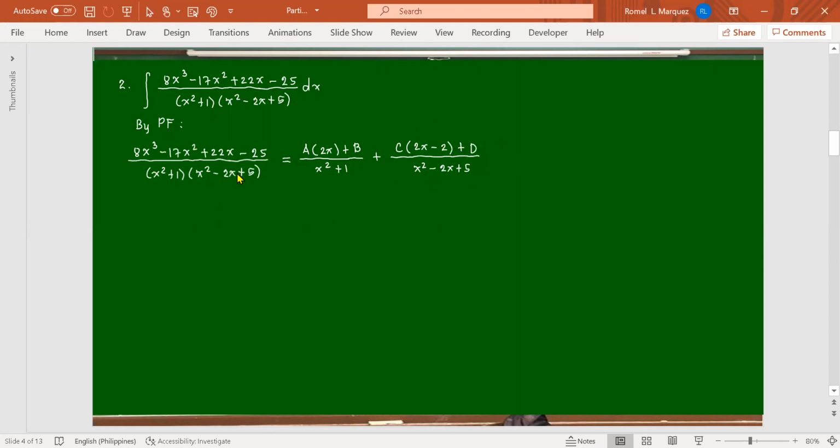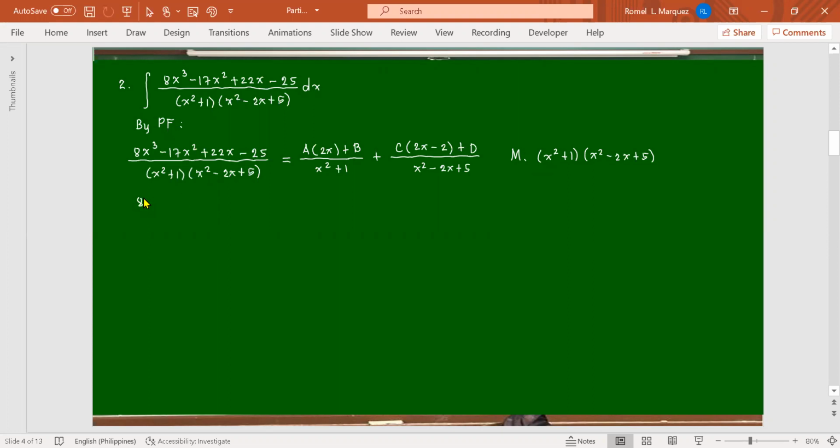So to solve for a, b, c, and d, let's multiply each side of this equation by x squared plus 1 times x squared minus 2x plus 5 to get rid of the denominators, so that the left side is a polynomial and also the right side is a polynomial.